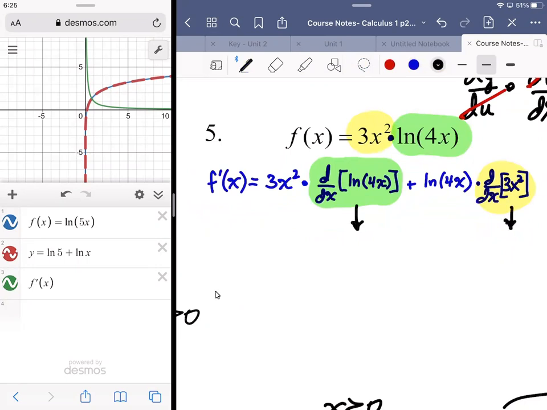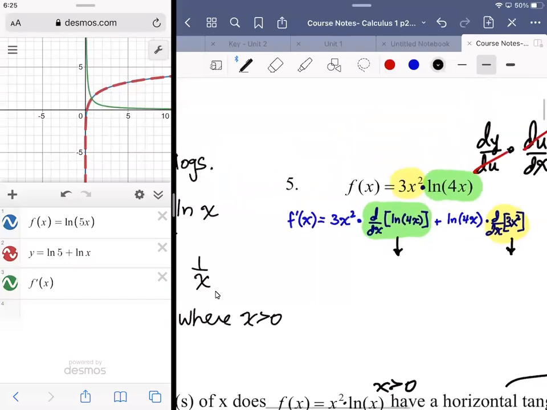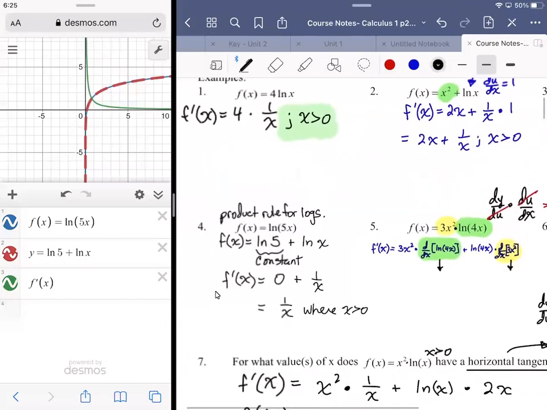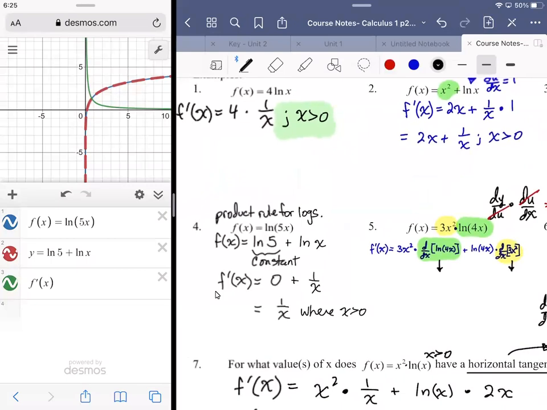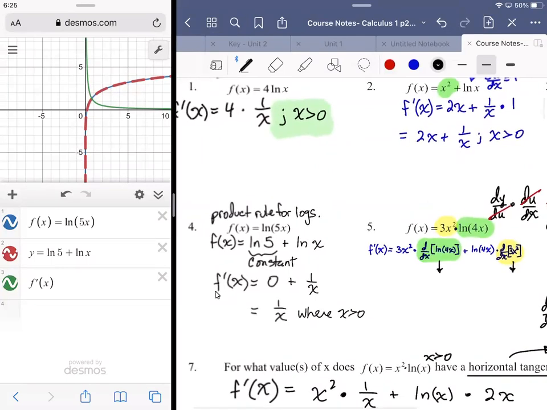All right. Now, when we compare this with what we just did, we just figured out the natural log of 5x, the derivative of that, and that was 1 over x. And that was because if I broke it up by the product rule for logs, it became ln of 5 plus ln of x. ln of 5 was a constant which went to 0. ln of x, variable function, which goes to 1 over x.